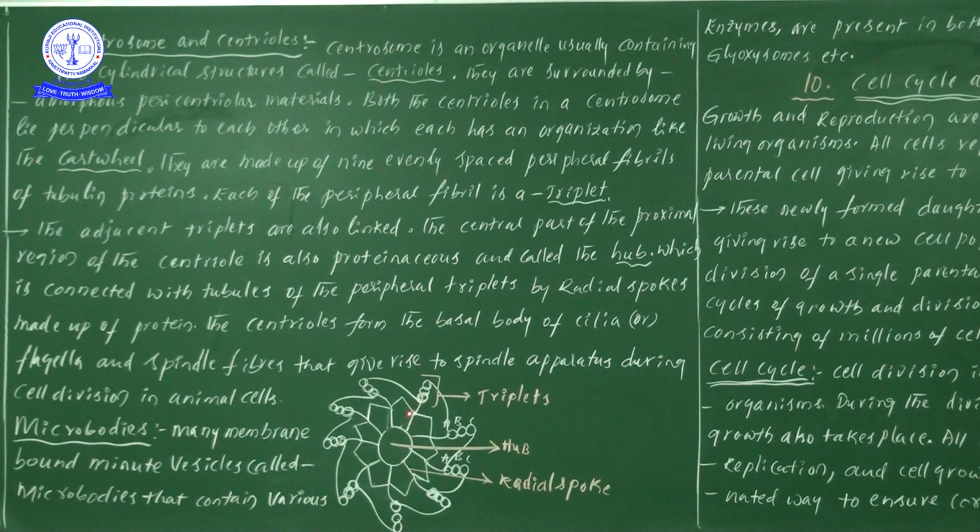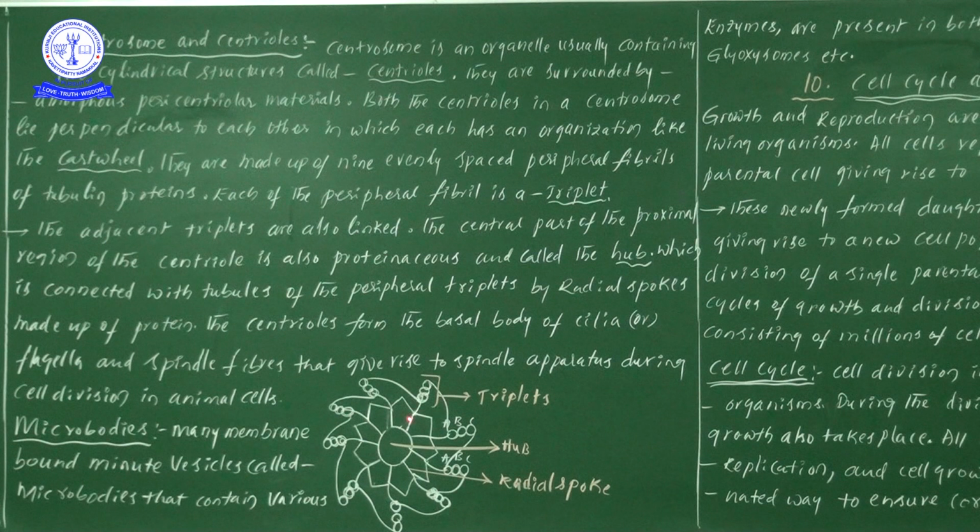At the end of this one peripheral fibril, likewise 9 are there, there are triplets. Tri means three, like bi means 2 and mono means single. So 3 microtubules are present together, and that's why we consider this structure a triplet.